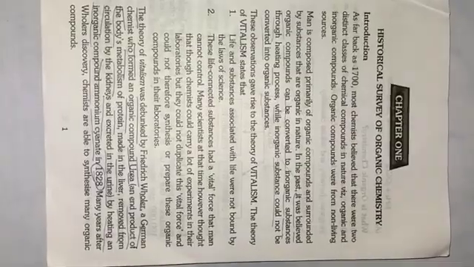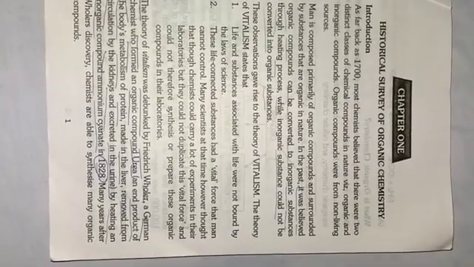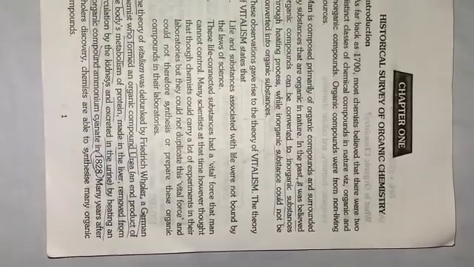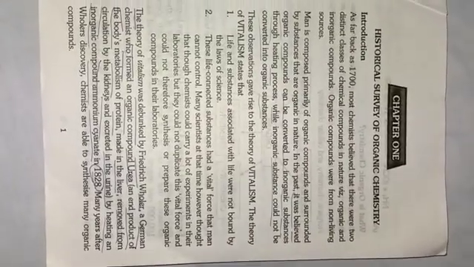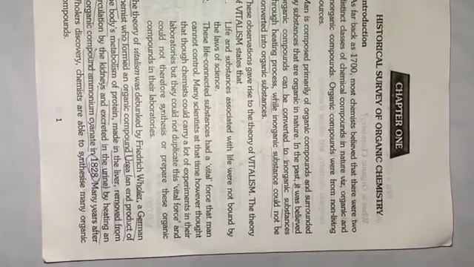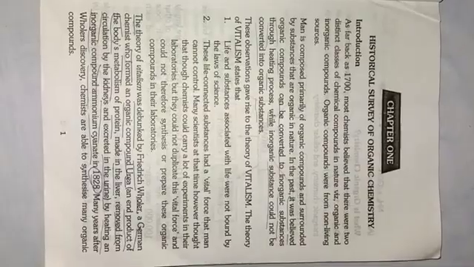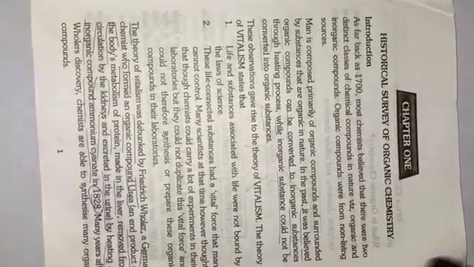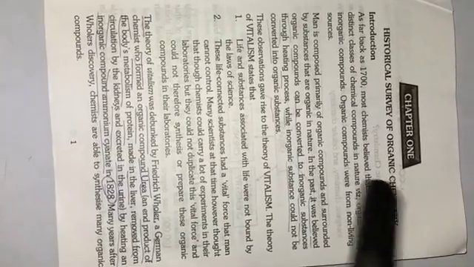Okay, so first is the historical survey of organic chemistry. As far back as 1700, most chemists believed that there were two distinct classes of chemical compounds in nature, namely organic and inorganic compounds. So I want to read through and I explain.